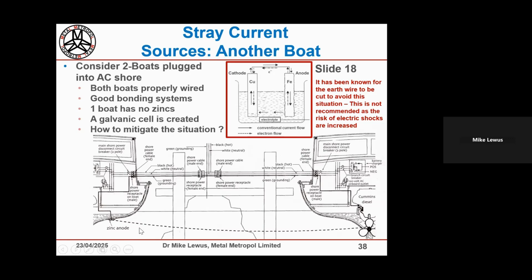But if we consider one boat having zinc anodes and the other boat maybe its anodes were spent, or a bit of neglect means there's no protection on that boat. Well, it means that boat will also be protected because of the current flow, both ionic in the water and electrons in the connecting wire.